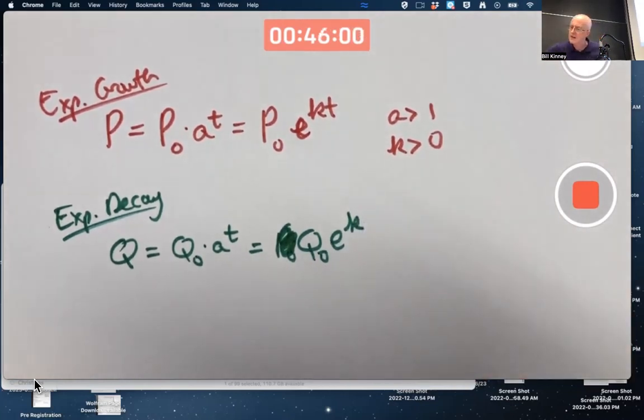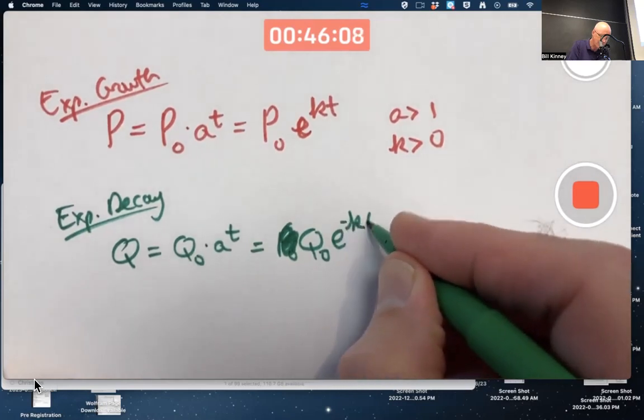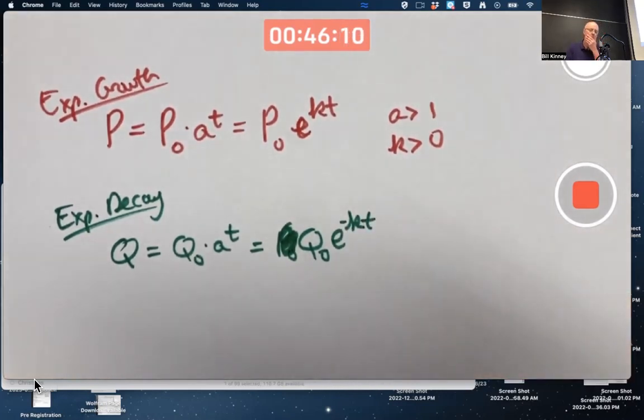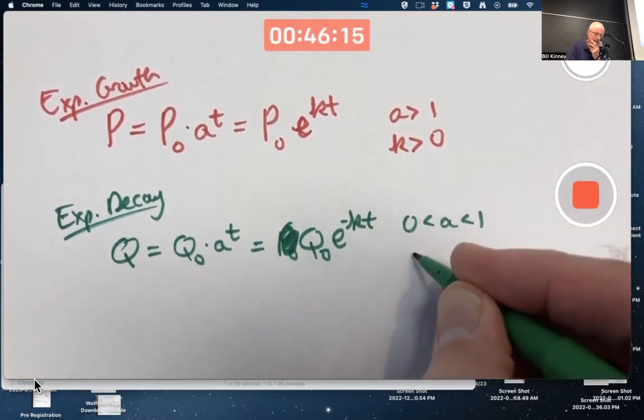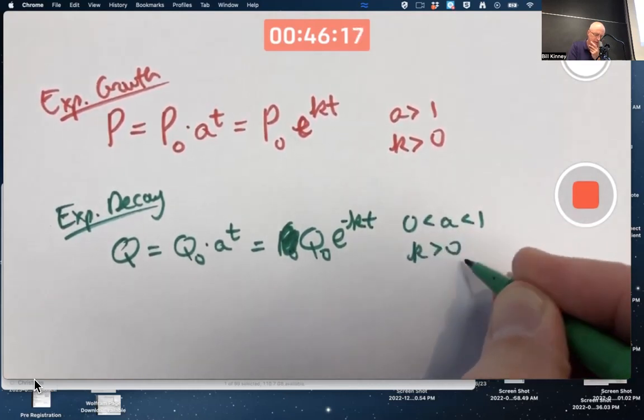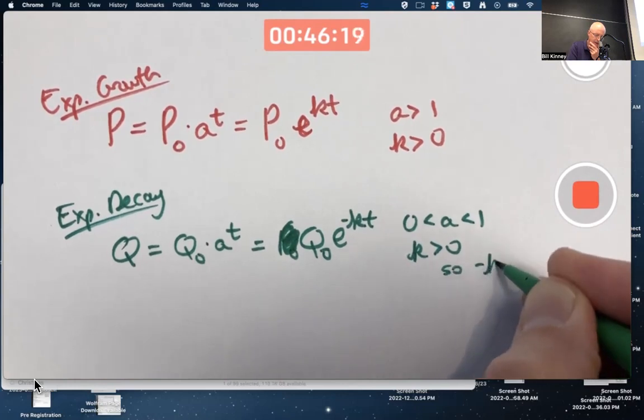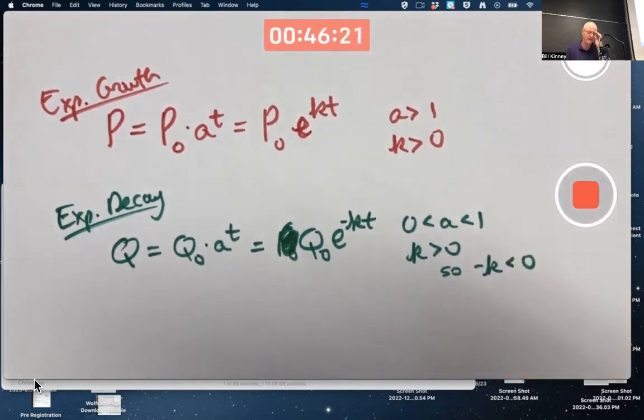Yeah, that'll be a Q naught. Let me be consistent with the notation they use in the book here. They actually write negative kt here. A is between 0 and 1 in this case. K itself is positive, so negative k is negative. That's the way they write it.